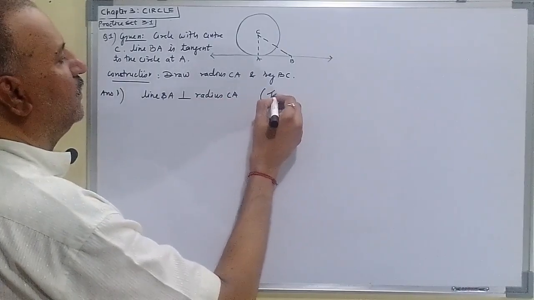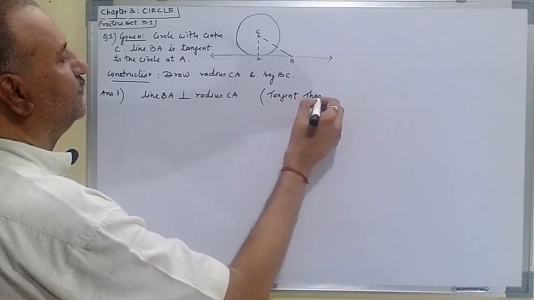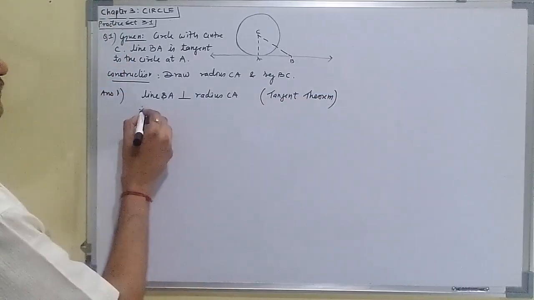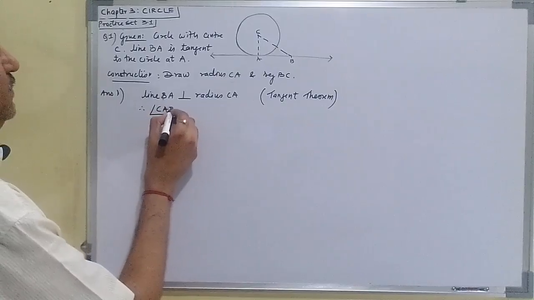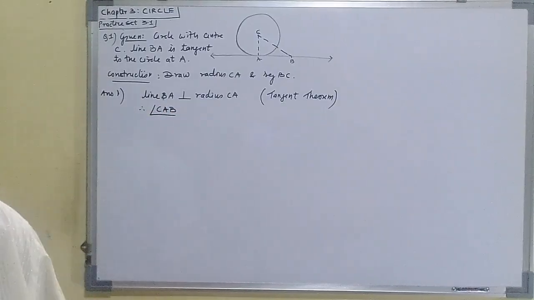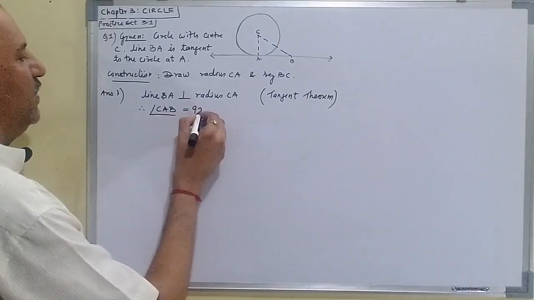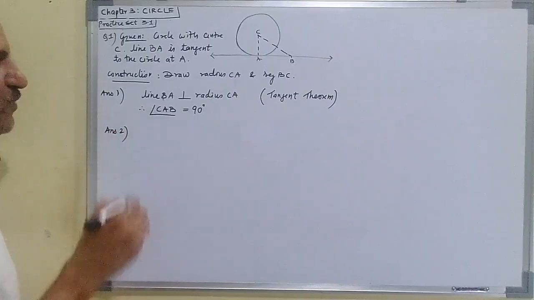Reason, tangent theorem. Therefore, angle CAB, मैंने CAB पूछा है ना? Yes, angle CAB equal to 90 degrees. अब आता है आंसर 2 पे.